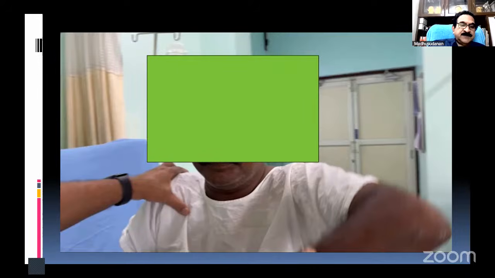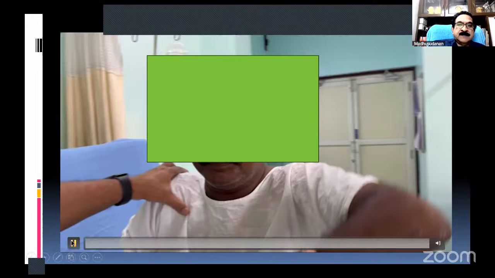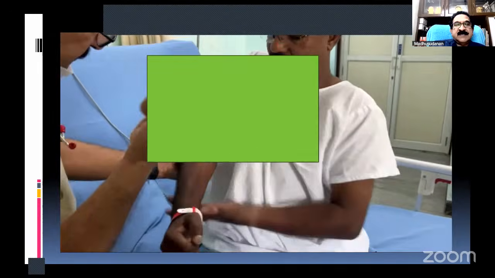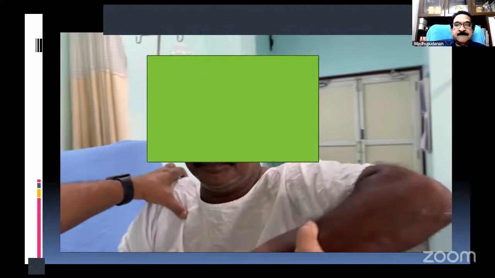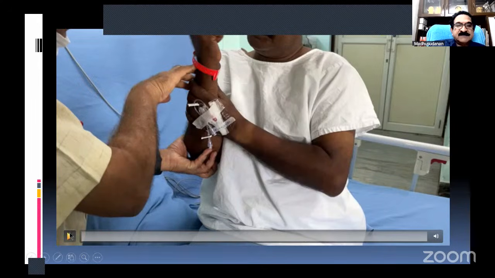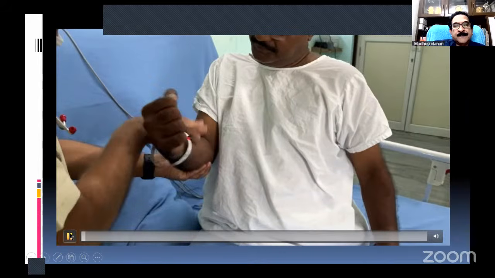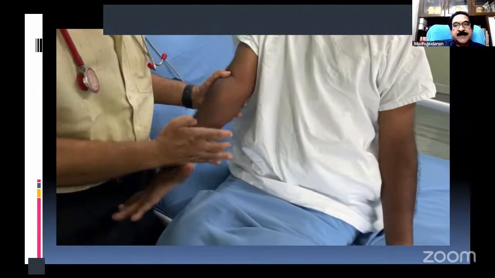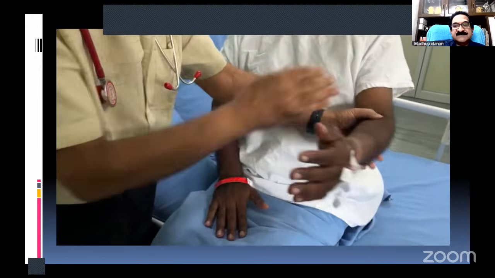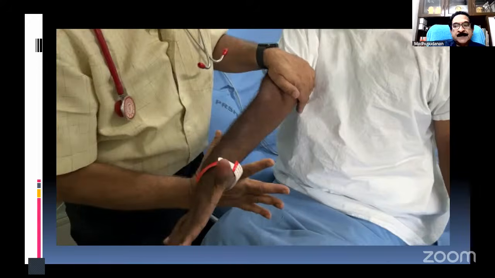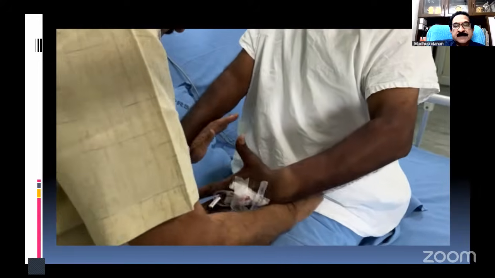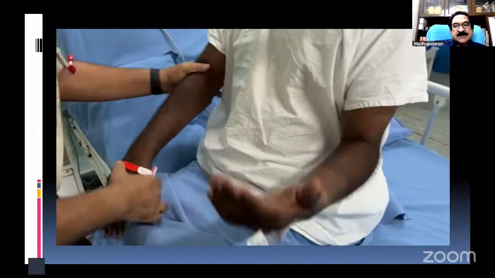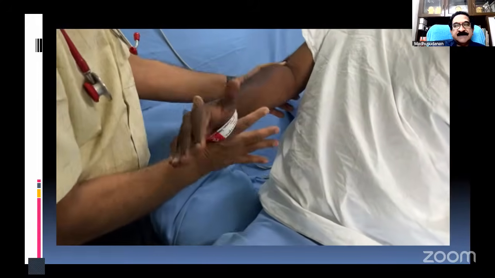This is the video of the patient. Deltoid was weak on the right side. Could not elevate the deltoid. Biceps was weak on the right side, normal on the left side. Brachioradialis is weak on the right side, left side normal. Internal rotator bilaterally normal. External rotator is weak on the right, normal on the left side.